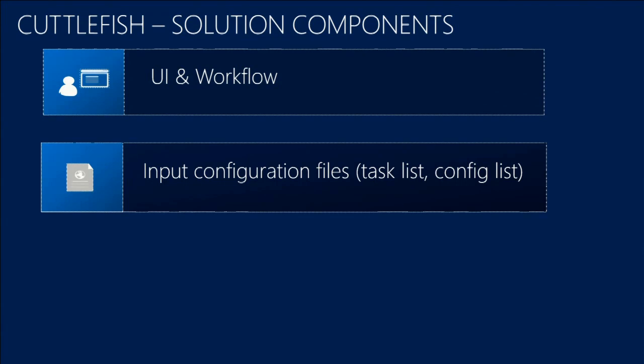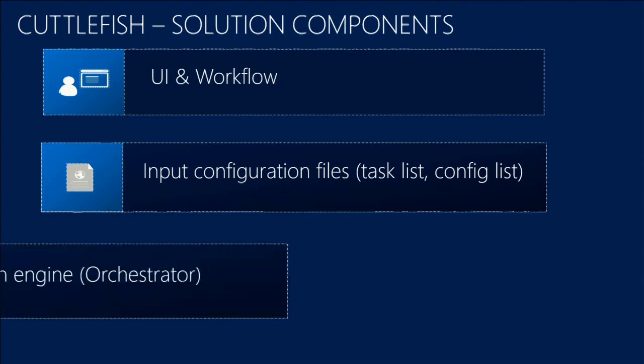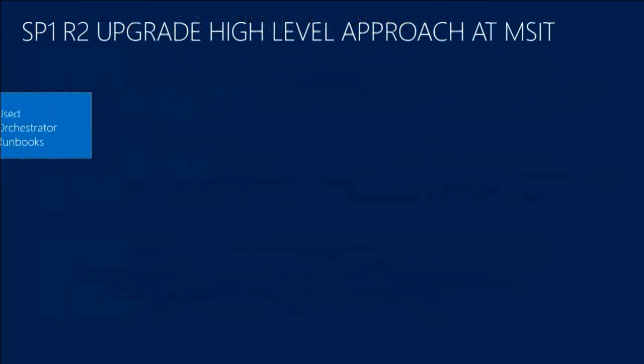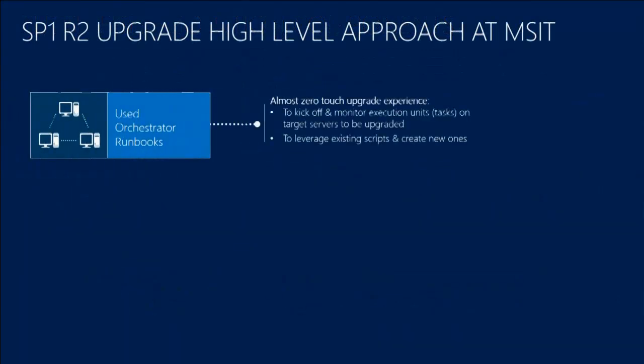The parameters like the server name where you want to run this, or the share name that you want to copy the files from. So the parameters that you pass on to the task are covered in config list. And of course, the task engine is Orchestrator.